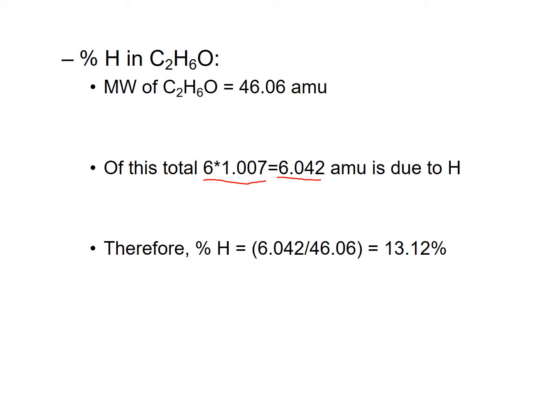Therefore, the percentage I get is simply what I get by dividing 6.042, the mass of the hydrogen in the molecule, divided by 46.06, the mass of the entire molecule in atomic mass units, and I get 13.12%.